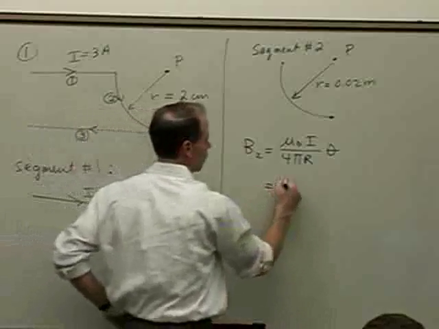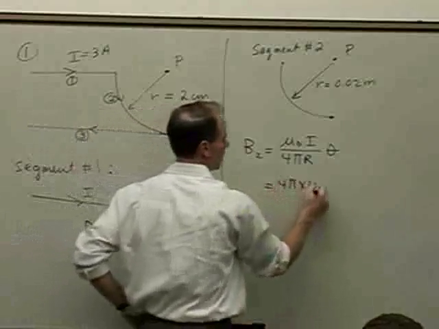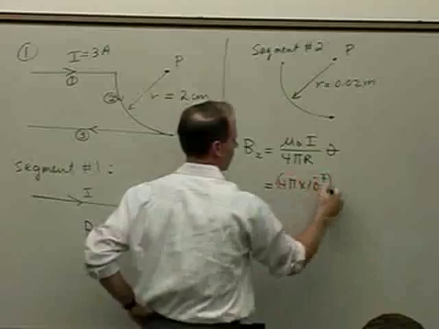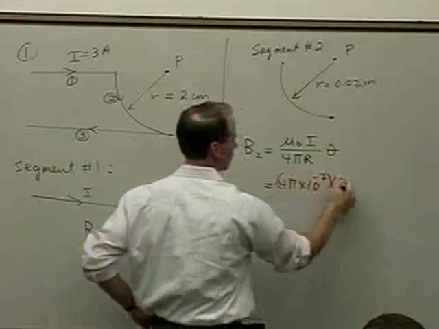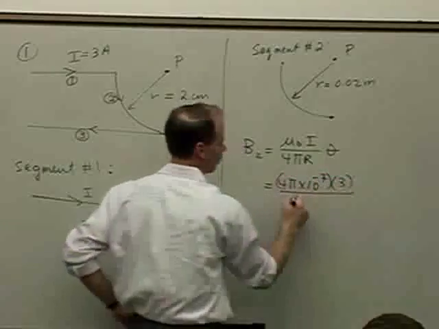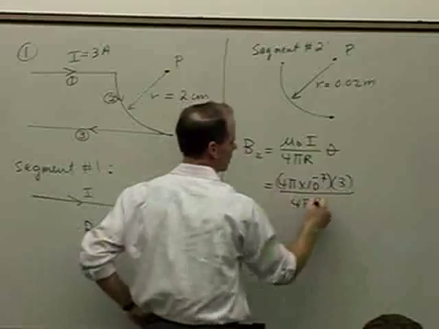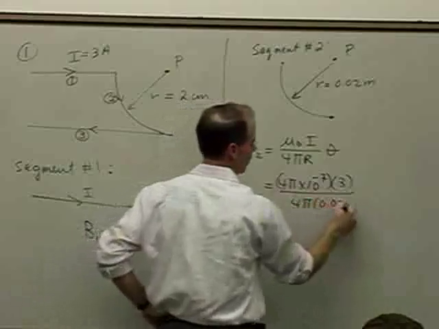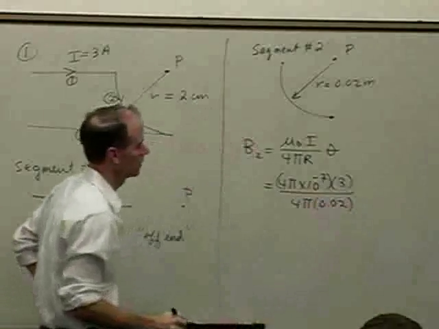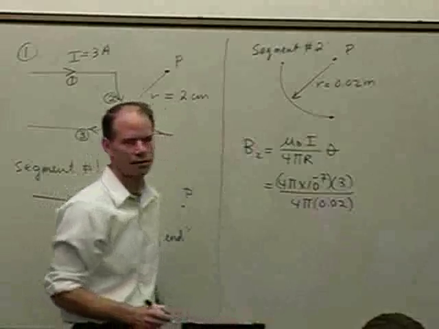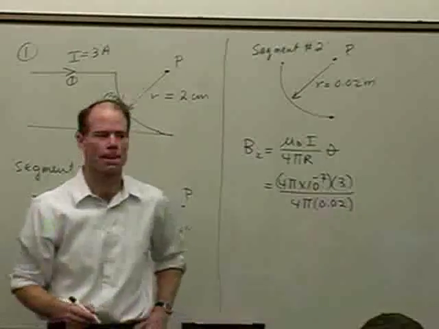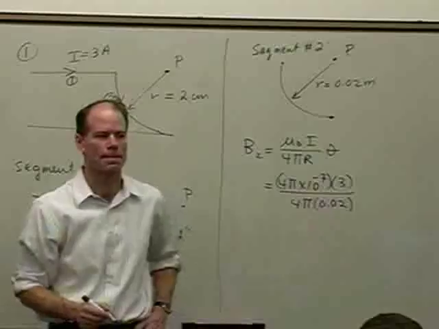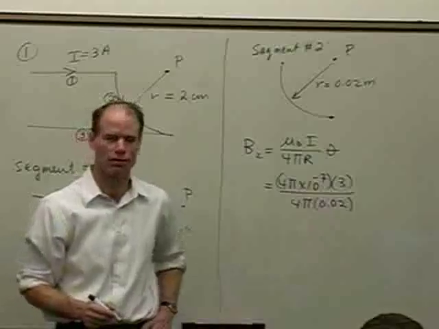So this will be 4 pi times 10 to the minus 7 times 3 amps over 4 pi times 0.02 meters times theta, our angle, which is what? Pi over 2.